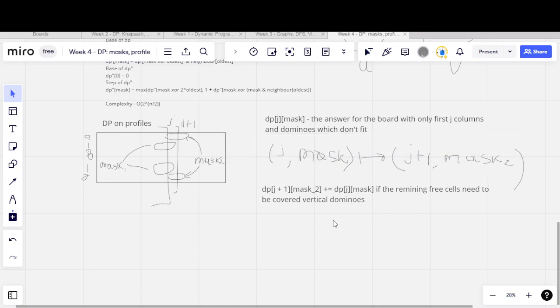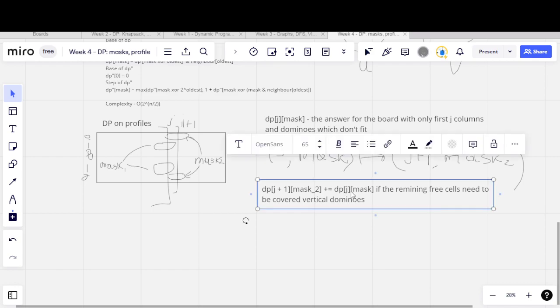We can do it or we can't do it. I think it's clear, or not clear. So that's all. Because we just iterate through G, we iterate through mask 1, mask 2, and cover and fill our DP.